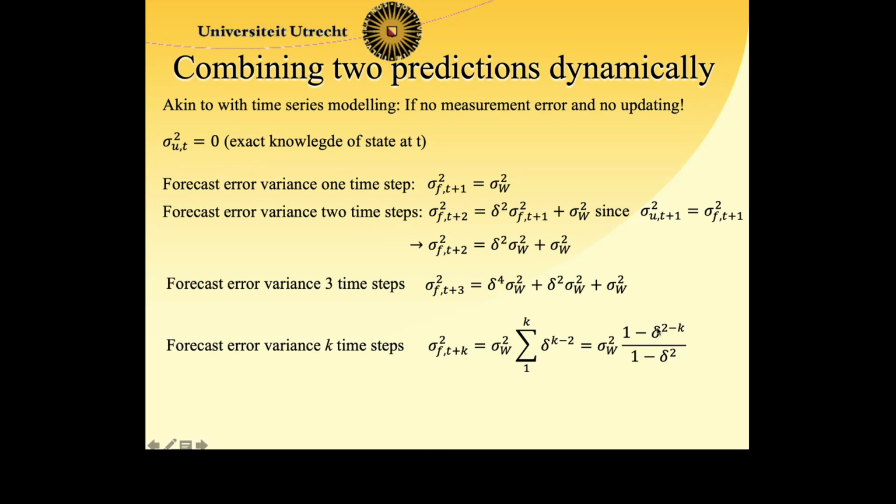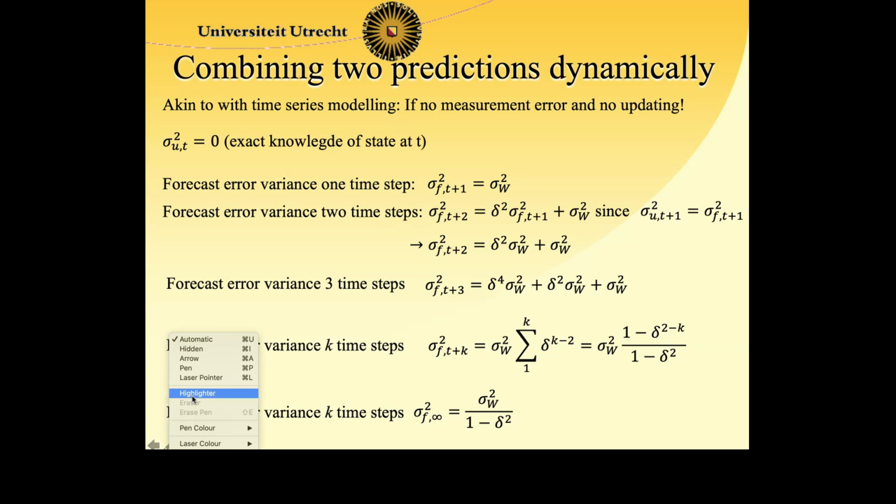So if k is infinite, we get something that is smaller than 1 to the power of minus infinity. So this one becomes 0, and we end up with that in infinity. This one becomes equal to the variance of the noise of the model error divided by 1 minus delta squared.